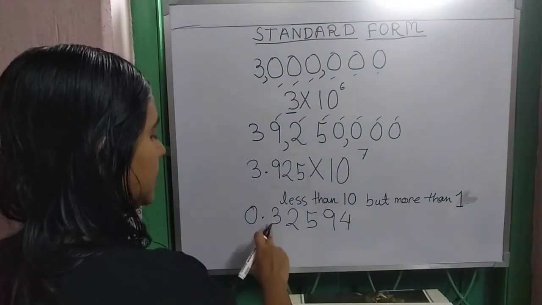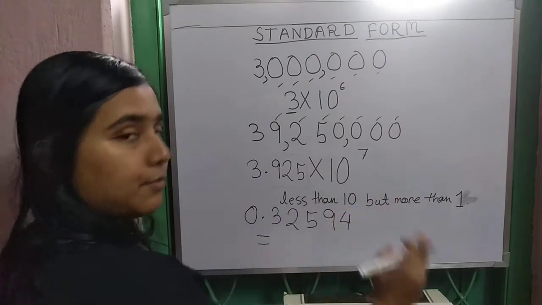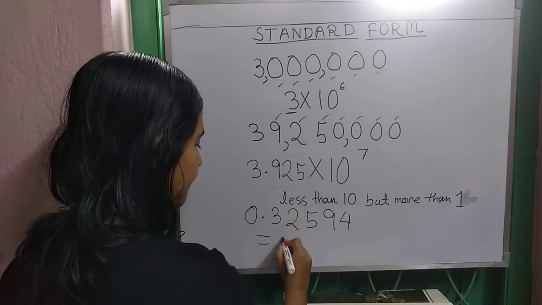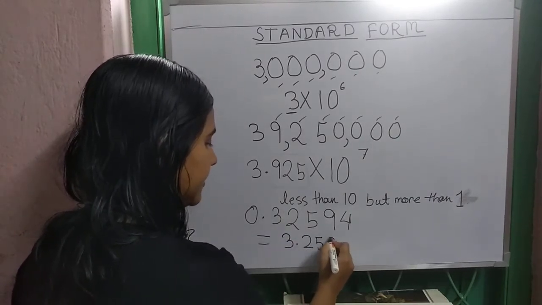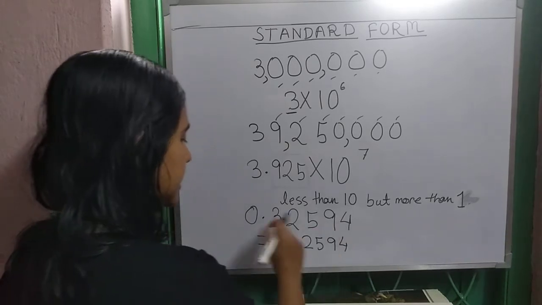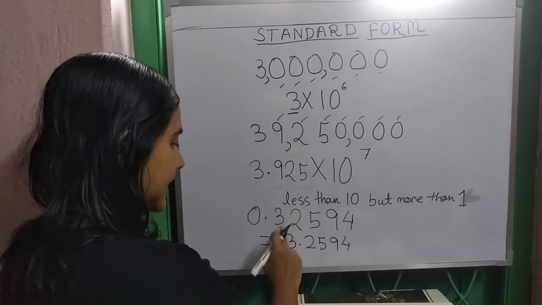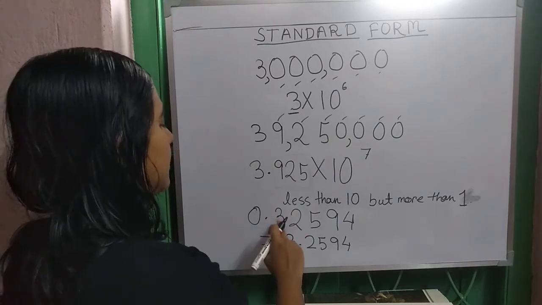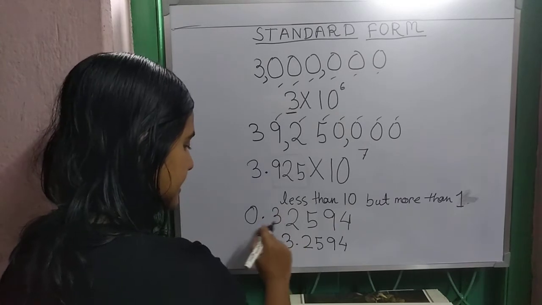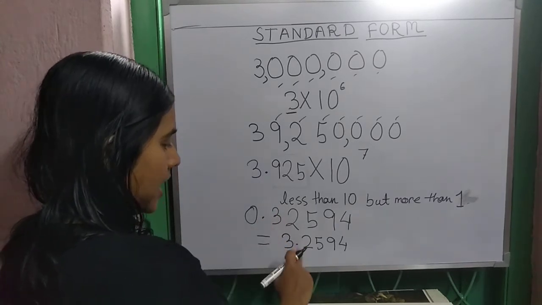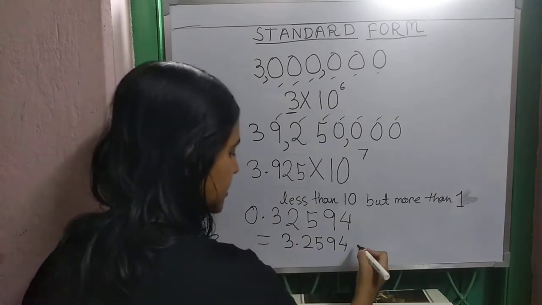So if I convert this number into less than 10 but more than 1, this will become 3.2594. Just change this decimal to here, and since I changed the decimal position by one digit, see, it was here and now it is here. So I changed one position.